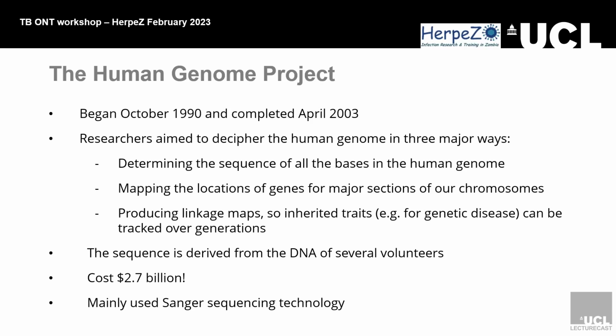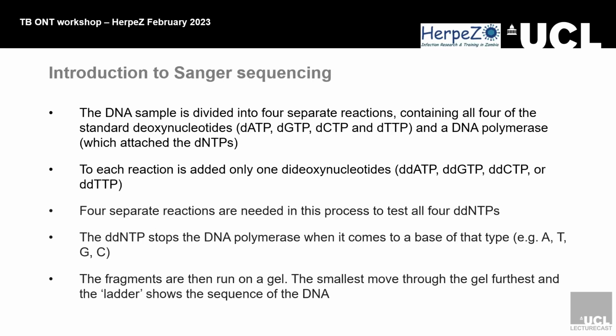So, mainly Sanger sequencing. In Sanger sequencing, you separate the reactions into four. You've got your ddNTPs and your dNTPs. With the ddNTPs, basically you've knocked an oxygen off the ring, so once that ddNTP is incorporated into the sequence, you can't add anything after it.